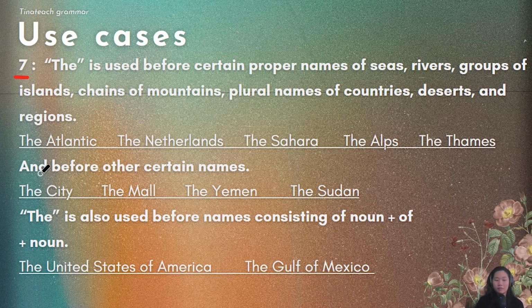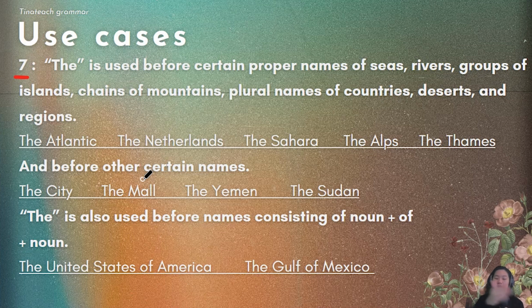The city, right? The city and the mall, I just want to add a little bit of a reminder because some places do call themselves the city, the mall, right? And you can refer to these as actual names instead of nouns, right?